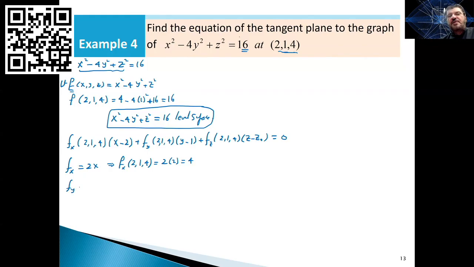Let's find the partial derivative with respect to y. With respect to y, guys, I think is minus 8y, sorry. You differentiate that, you get minus 8y, and the rest are zeros. So fy at (2, 1, 4) is negative 8 times y, which is 1, and this is negative 8.